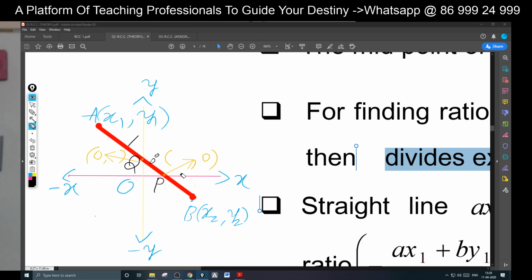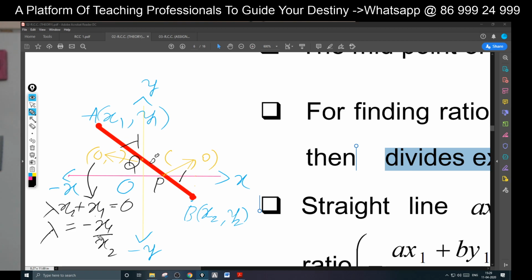Now apply the formula, please. What is the formula here? Section formula, lambda x2 plus x1 is equal to 0 for this one. And thereby, you got lambda as minus x1 by x2.